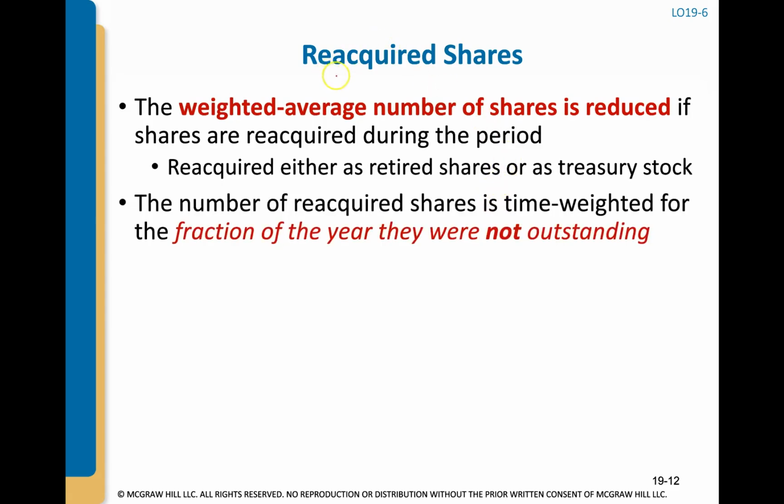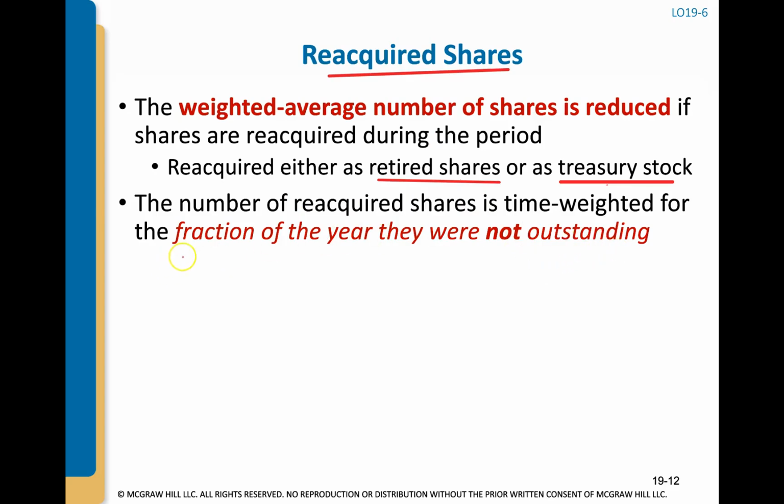Now let's talk about reacquired shares. We've learned in the previous chapter that corporations sometimes buy back their own shares, and they'll either just hold them as treasury stock because they plan to resell at some point, or they might actually retire them. Either way, those shares are no longer outstanding.